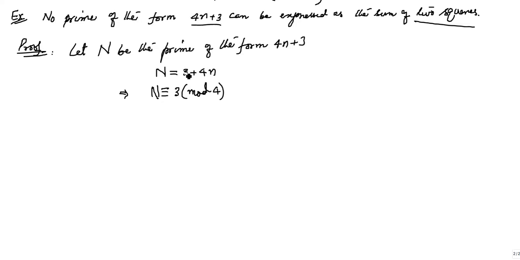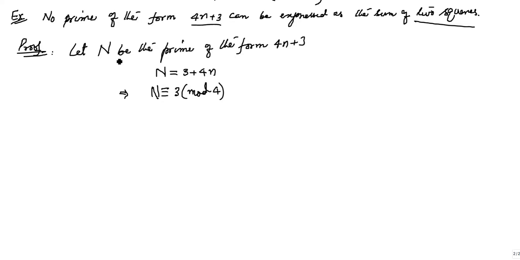So if n is a prime, any number which is of the form 4n plus 3 can be written as 3 modulo 4. And here we have to show that there is no prime of the form 4n plus 3 which can be expressed as a sum of two squares.